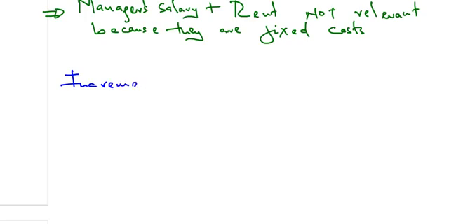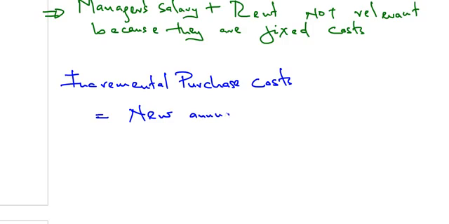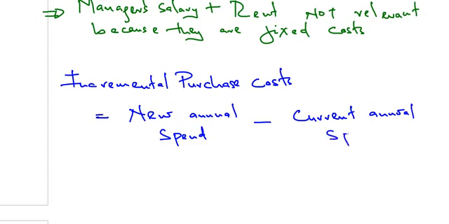Incremental purchase costs is equal to new annual spend less the current annual spend.